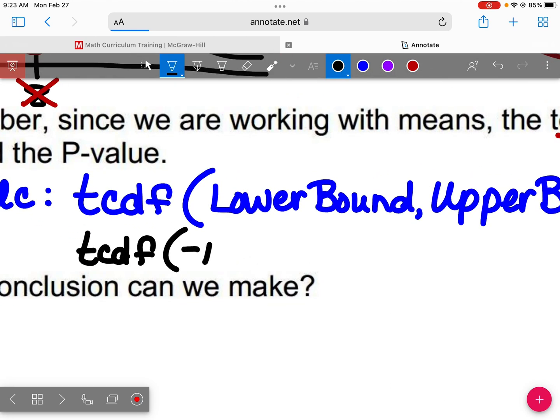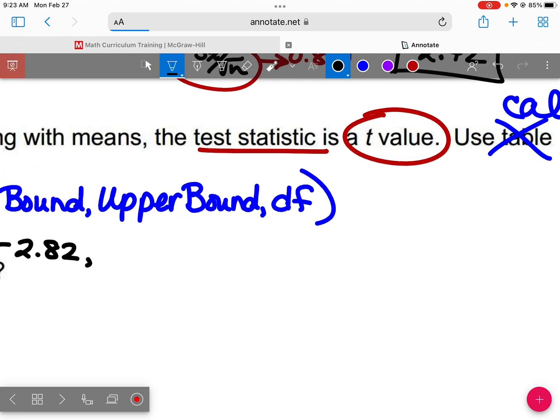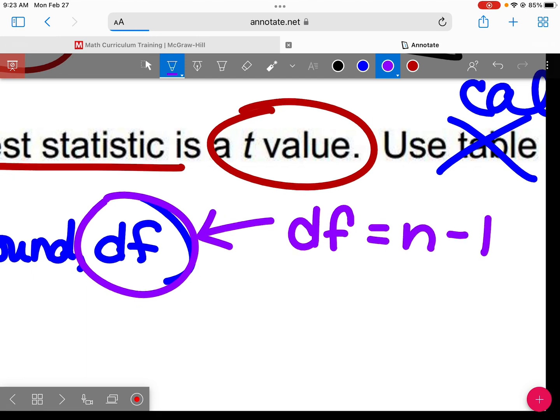I'm going to go with something really extreme here that I know is big enough. Negative 10,000. What would my upper bound be? Negative 2.82. How many degrees of freedom would we have? 9. Degrees of freedom is n minus 1.